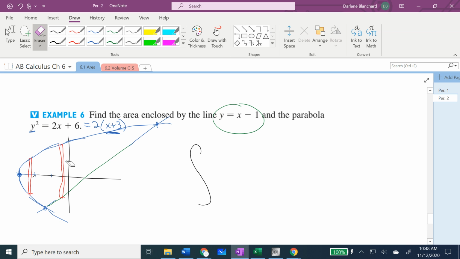When I take a rectangle on its side, I am no longer having differential dx. I am having my width be represented by dy. Because this is dy, the lower and upper limit on your integral must be y values. You need to find the y coordinates of intersection.